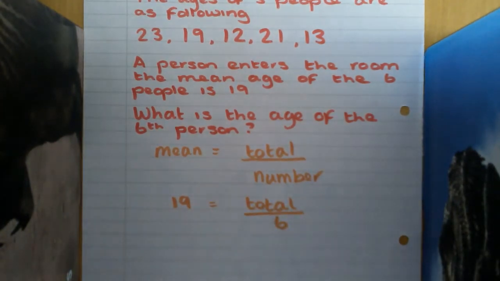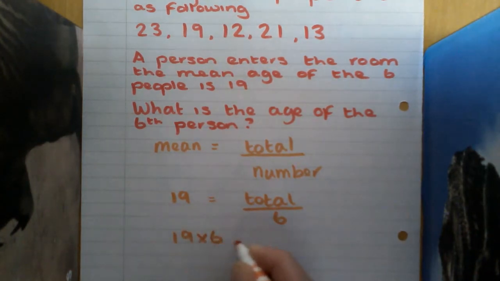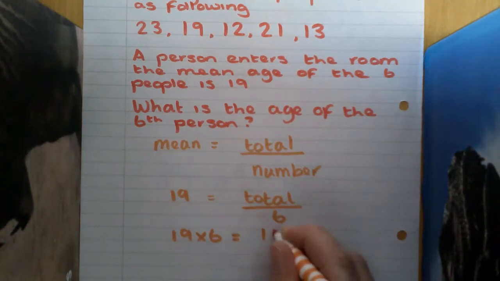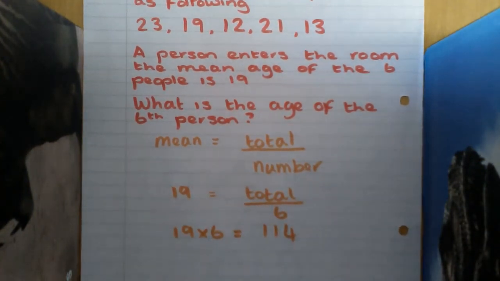The total of all of those 6 people's ages is going to be 19 times 6, which is 114. So the total for all of those 6 people is 114.